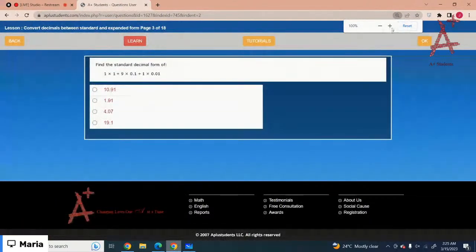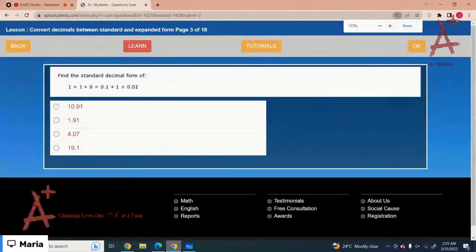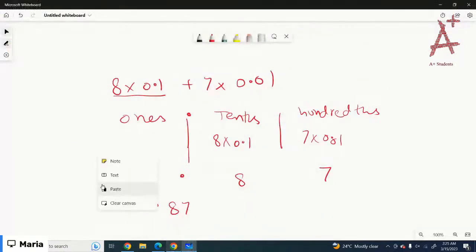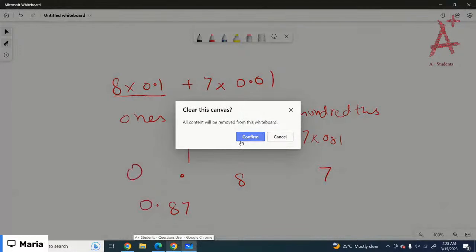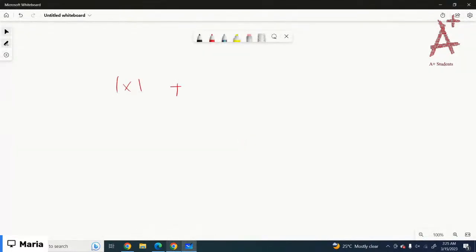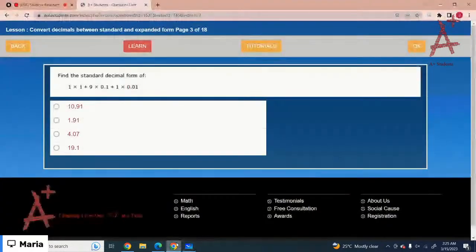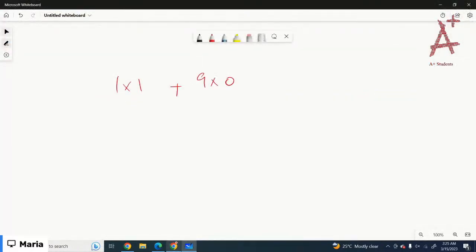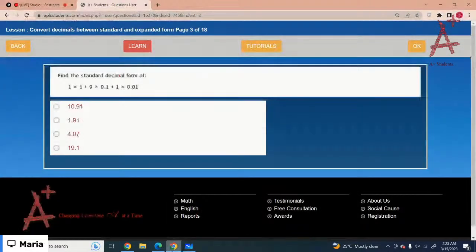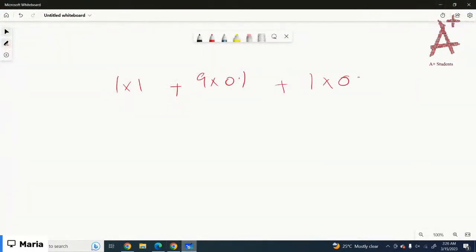Okay, the next one is 1 times 1 plus 9 times 0.1 plus 1 times 0.01. So 1 times 1, here you don't have any decimal value. That means that would be the number right before the decimal, the digit at the ones position.